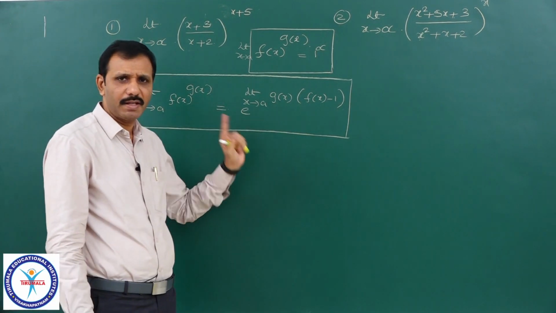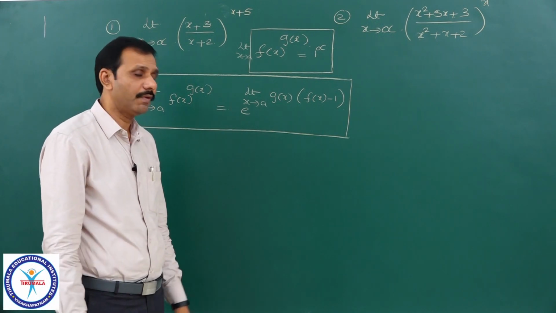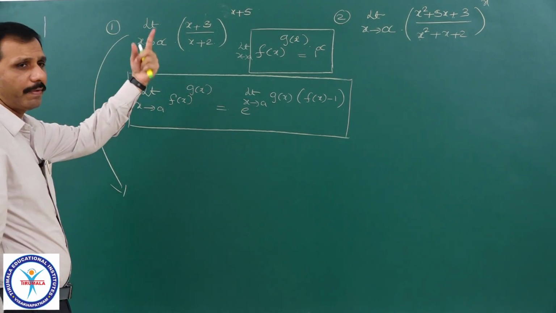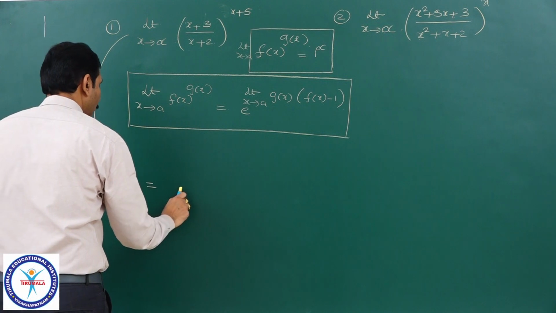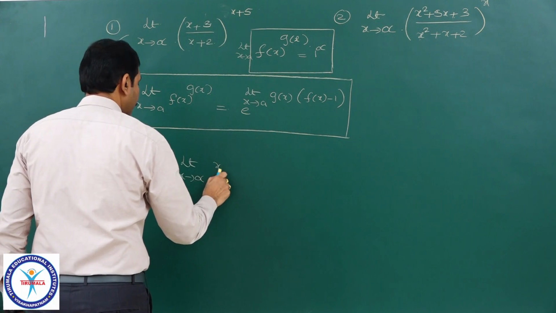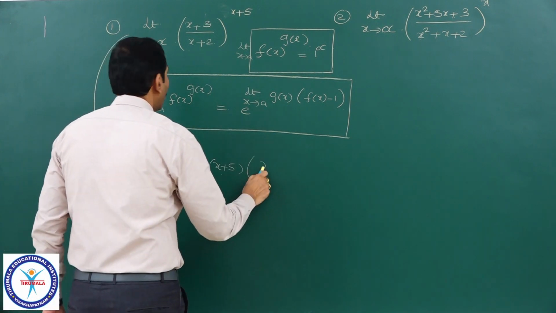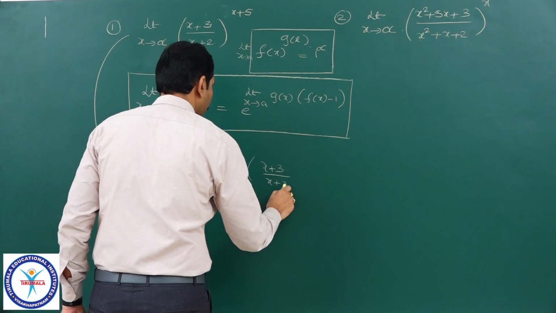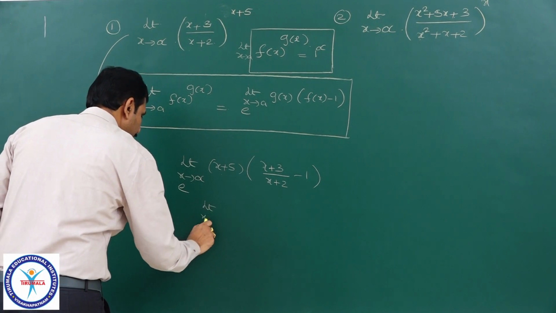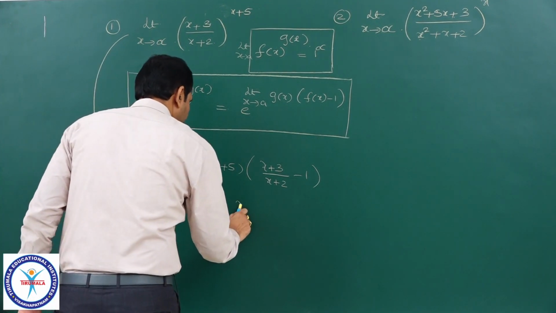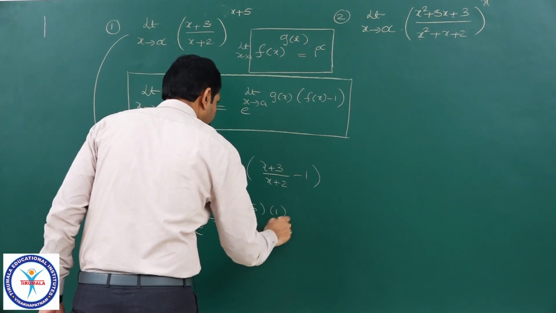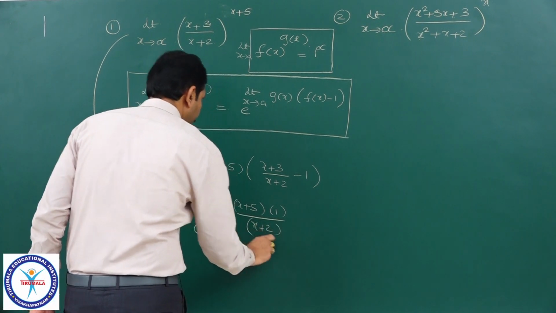1 power infinity, we need to eliminate that indeterminate form, then we can evaluate limits. And you see here, clearly 1 power infinity form, it is equal to e power limit x tends to infinity g of x into f of x minus 1, that is e power limit x tends to infinity, numerator (x plus 5) minus (x plus 2) means it is 1, by denominator x plus 2.